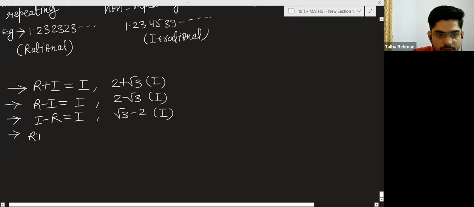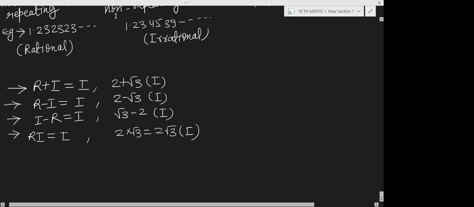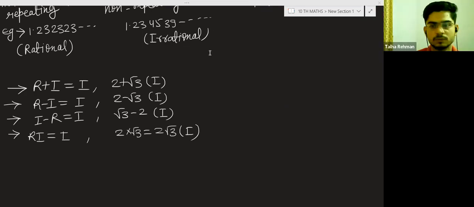If you multiply rational with irrational, again you will get irrational. You multiply 2 with root 3, it becomes 2 root 3, and 2 root 3 is irrational.